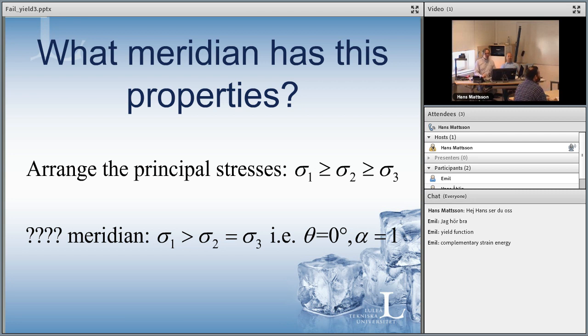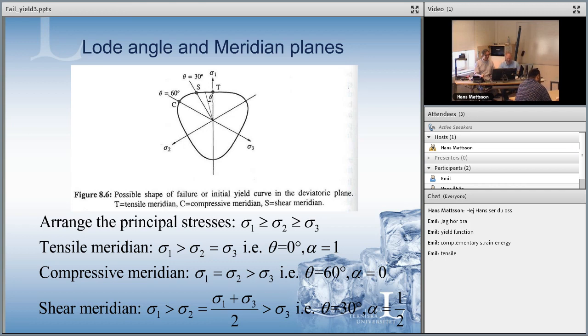Okay, group number 2 doesn't have any answer, so the question goes to group number 3, where also Emil is. I see that Emil is typing here, and then we will ask, do you accept his answer? You got help from the internet again, and it's correct. Tensile meridian, the Lode angle is 0, for example. You have it here. Very good.